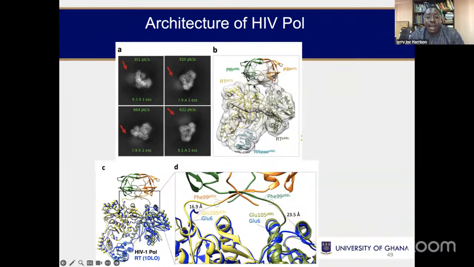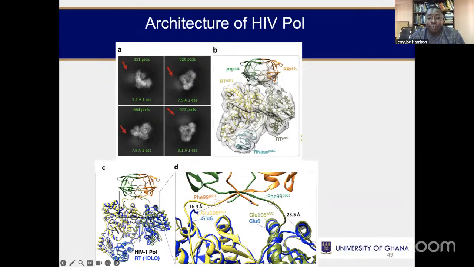When focused classification was done, there was a density that appeared close to the RT that matched the density for the protease. Here we were able to recover the protease density quite nicely, and we could actually improve it to a point where a model could be built for the fuzzy density that was there.